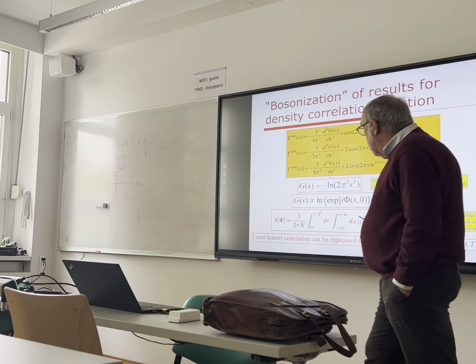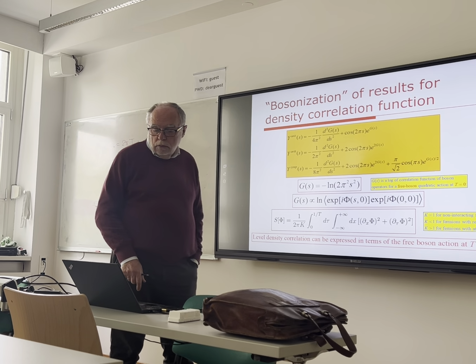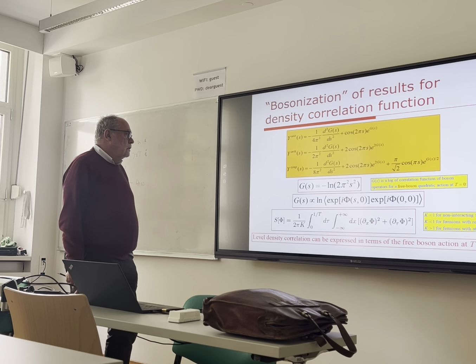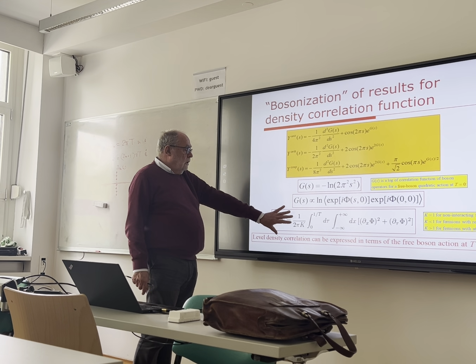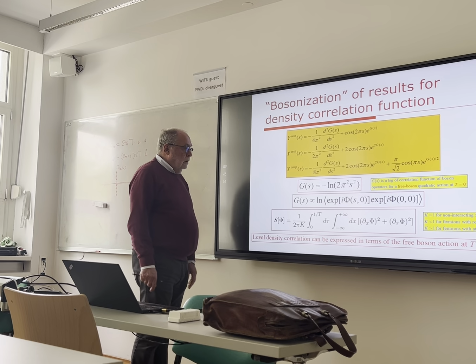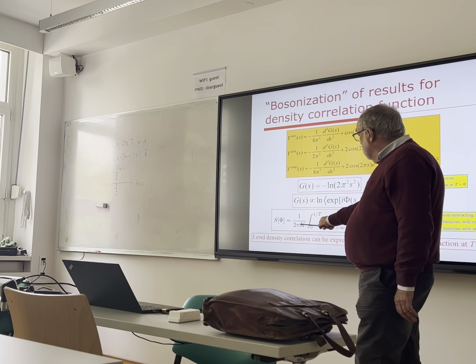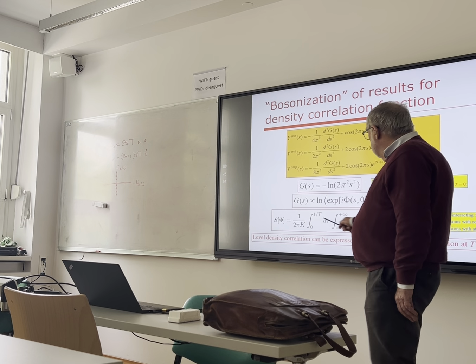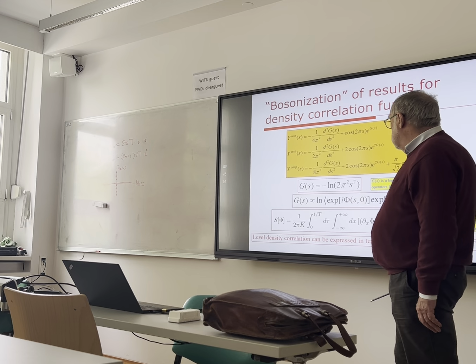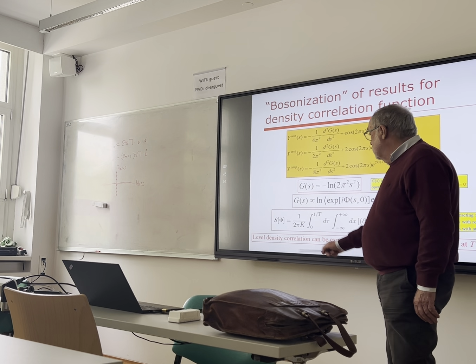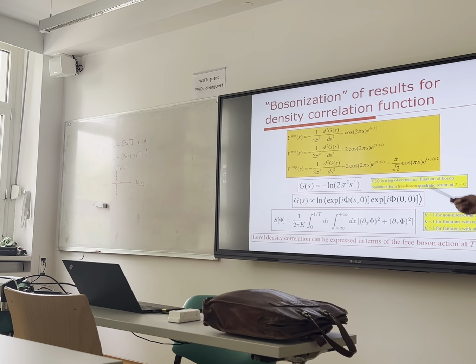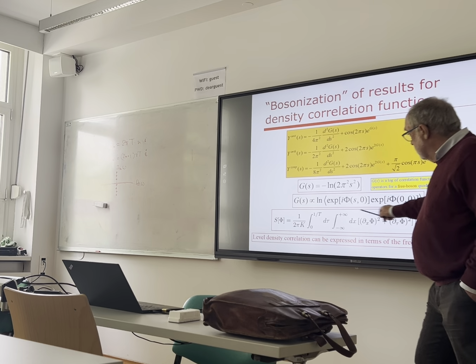So, okay, now I want to make some calculations in order to convince you that this can be obtained from such an action. What is important to know, as I said, is that different one-dimensional models with interaction lead to a theory similar to that, but with different constant K. In general, if K is equal to 1, this means the theory is equivalent to free bosons.